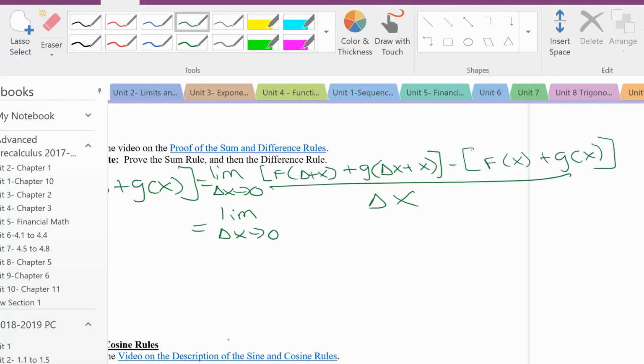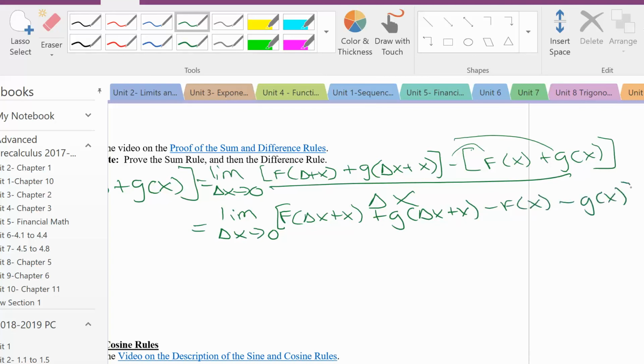So then that's the same as the limit as the change in x approaches 0 of, and now we can distribute the negative sign here. So we get f of x plus delta x plus g of x plus delta x minus f of x minus g of x, all over delta x.